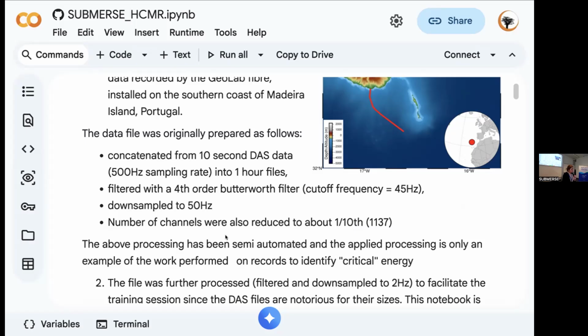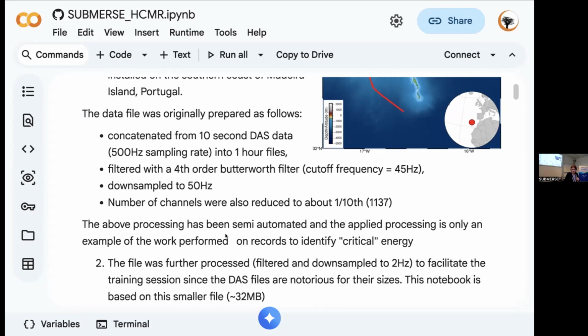And then I also reduced the channels, which are 11,380, downsampled them by 10, and also removed the first few and the last few. But I needed to do further reduction because the size is again very big, and it would not work here to download.